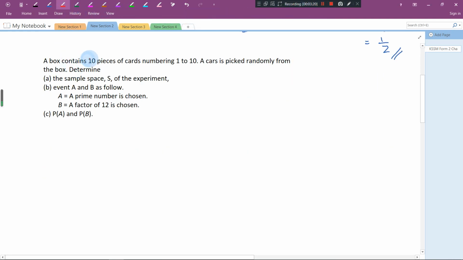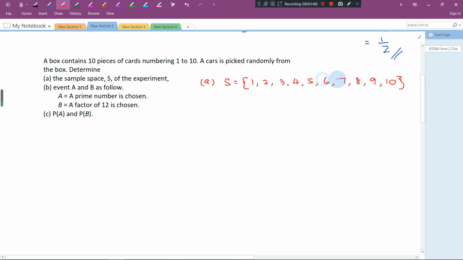A box contains 10 pieces of card numbered 1 to 10. A card is picked randomly from the box. Determine the sample space of the experiment, which is all the possibilities. Since the cards are numbered from 1 to 10, it will be 1, 2, 3, 4, 5, 6, 7, 8, 9, and 10.